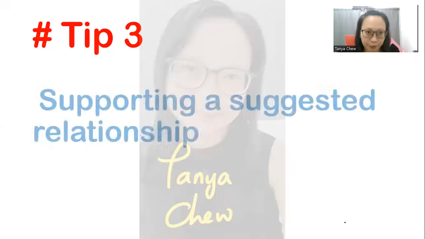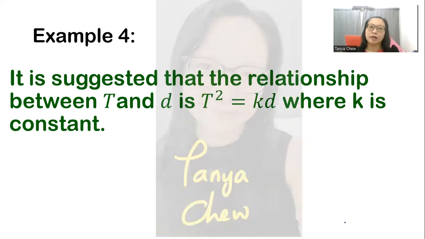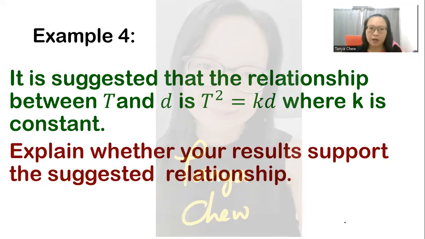That's all. And tip number 3, supporting a suggested relationship. You're asked to support. For example, it is suggested that the relationship between T and D is T squared equals KD, where K is a constant, right? So you have to explain whether your results support the suggested relationship.